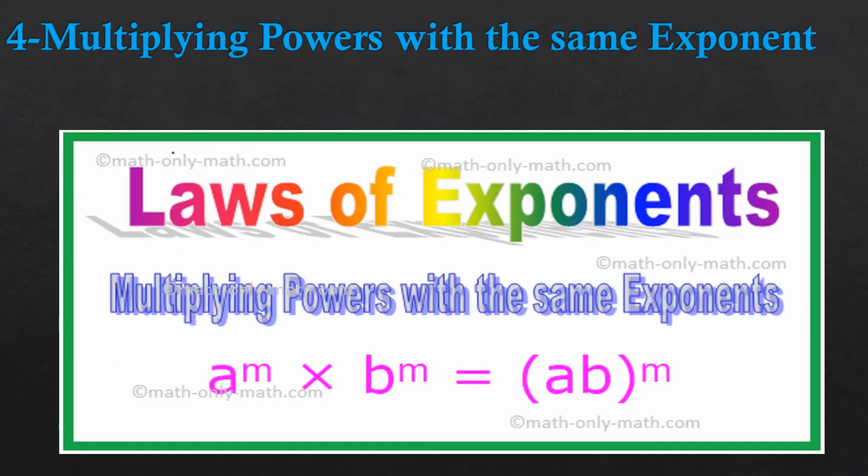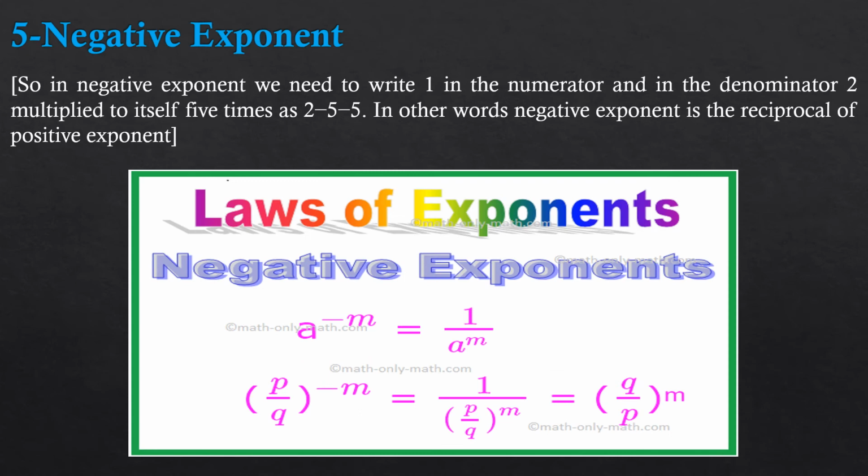Number 4, multiplying powers with the same exponent. So we have the same exponent here. That means we have to use parentheses and put this a or b inside it and power m. So we have number 5, negative exponent. In a negative exponent, we need to write 1 in the numerator, and in the denominator, multiply the base by itself 5 times.